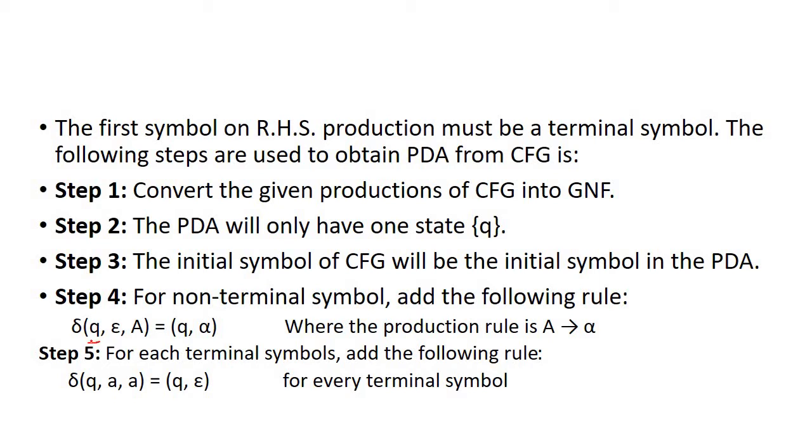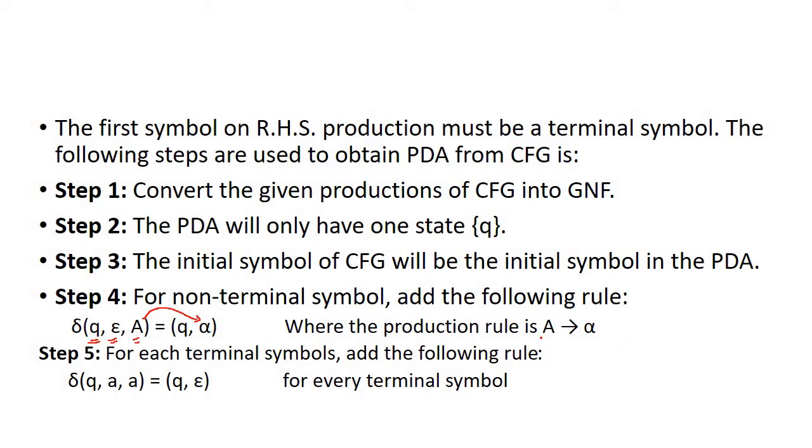Here is the initial state which shall remain the same, as we have mentioned, that the PDA will only have one state, and we don't need to see the input string. So here is the non-terminal that is supposed to be on the stack top. So this stack top variable is producing alpha.